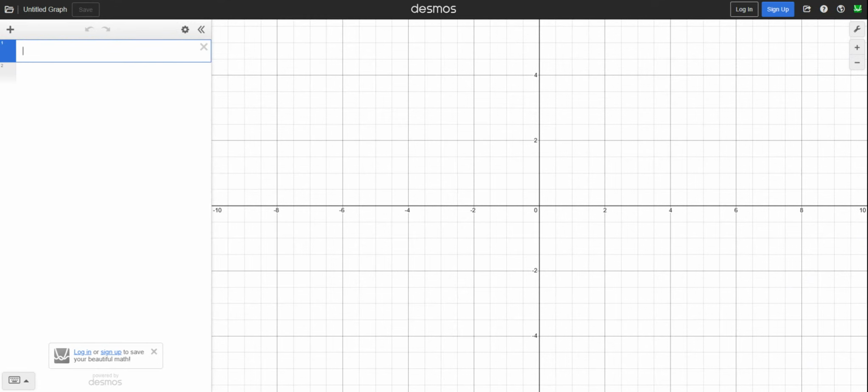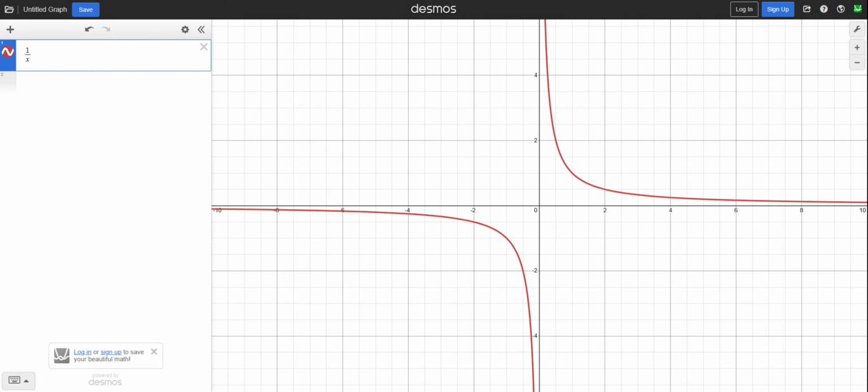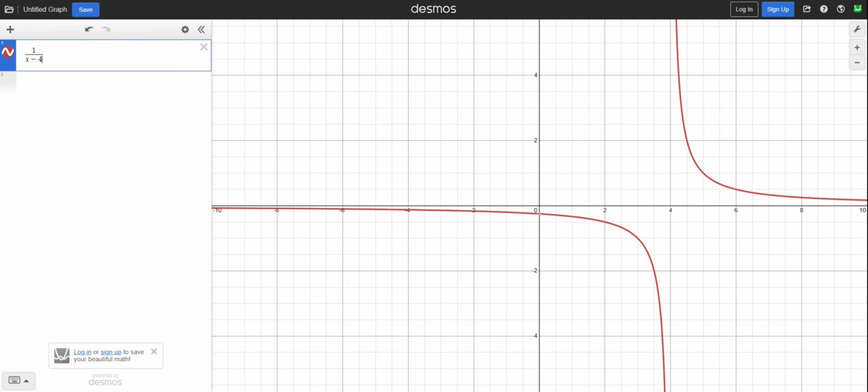I'm going to hit the fraction key or the /. 1, then arrow down, x minus 4. Now, on this one, I don't have to graph it. All I have to do is type in specific values.